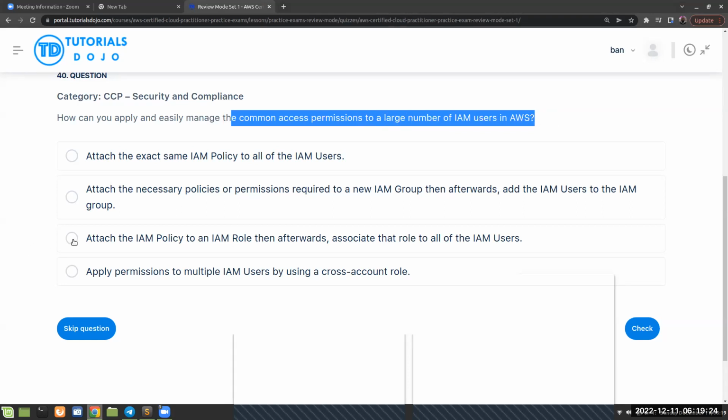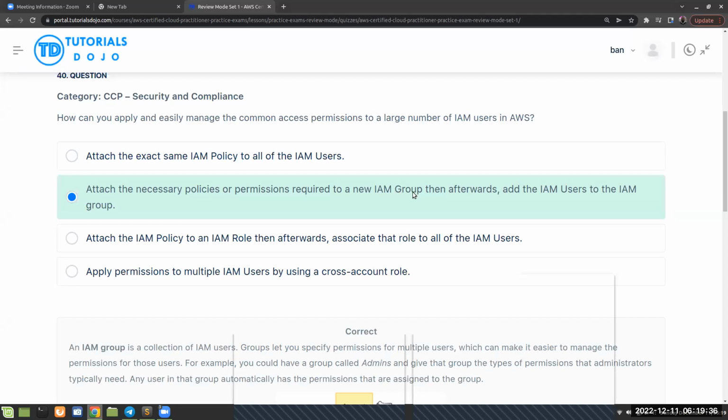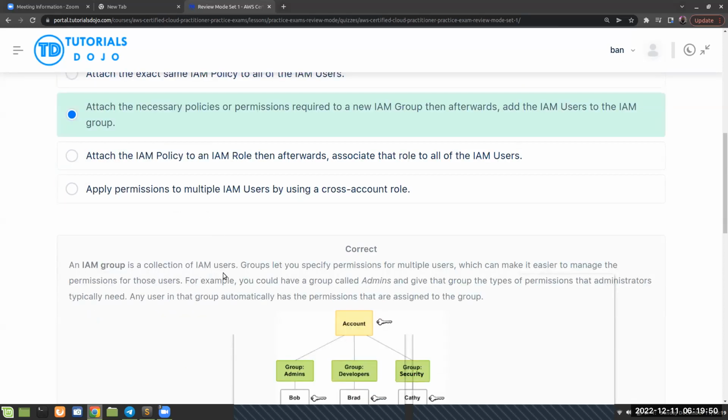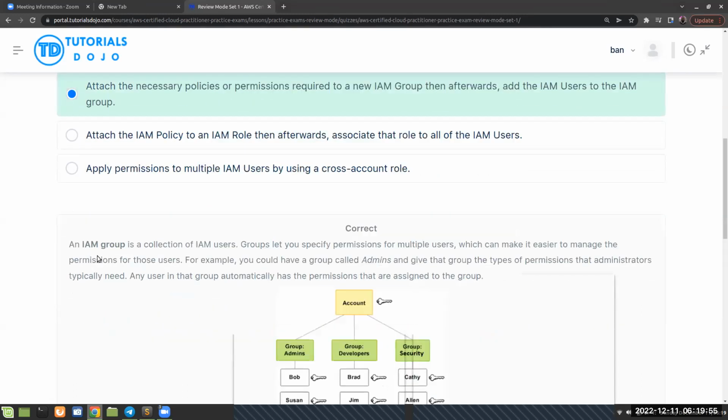I see the majority say B. You say C, majority say B. So the question is, what is an IAM group, and what is an IAM role as well? You want to manage access permissions to a large number of IAM users. An IAM group is a collection of IAM users, right?